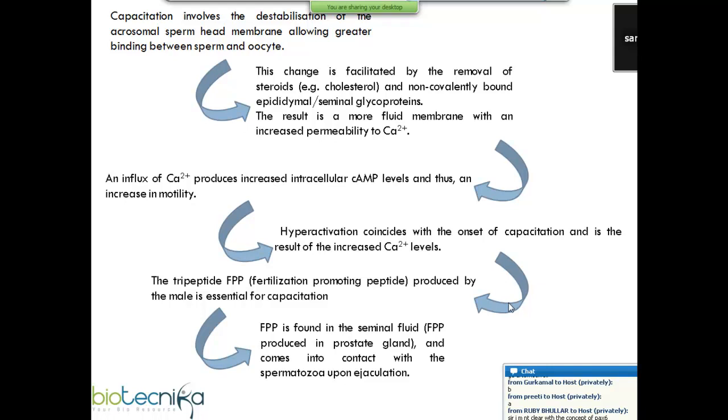Initially it is present in the liquid portion of your ejaculate. Once the cholesterol and glycoproteins are removed, this fertilization promoting peptide will find a place to bind to the sperm, which will increase the cyclic AMP activity, which in turn will increase your calcium 2+ ion influx, which will induce the hyperactivation of the sperm. So this leads to the capacity of the sperm to go and bind with your ovum. This is your capacitation process.